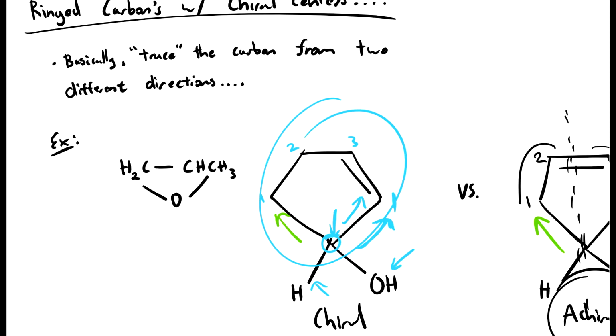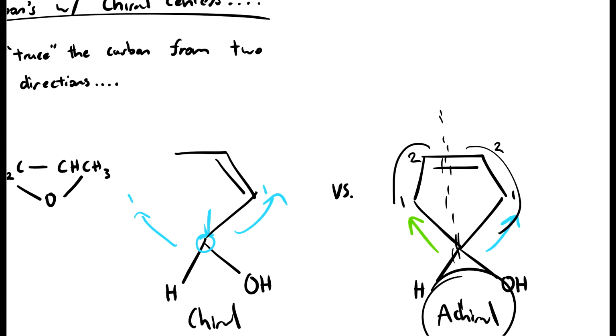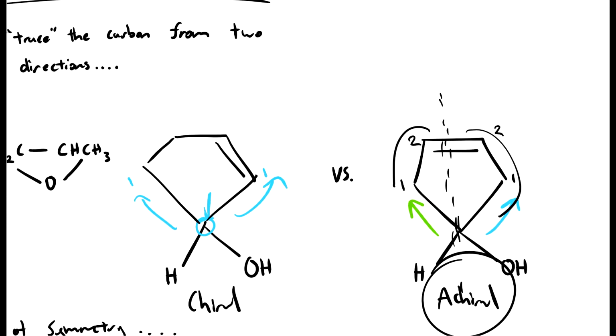Okay, but a better example, I think, is this one here. If you focus on the chiral center, that blue circle, and trace it going to the right, the first carbon that you trace is part of this double bonded structure. However, if you trace it going to the left, this first carbon is just attached to another single carbon by a single bond, and so this would make it a chiral center, because now you have 2 different groups traced in 2 different directions.